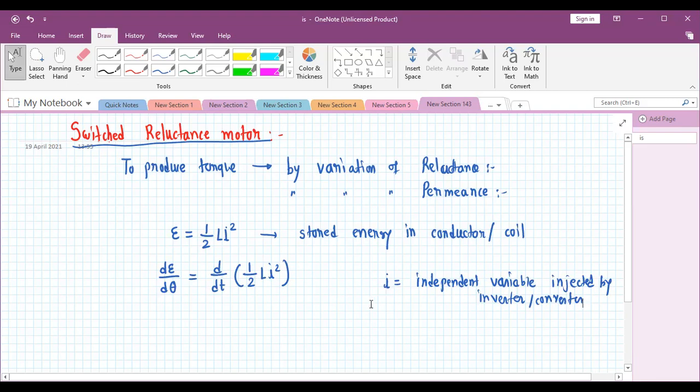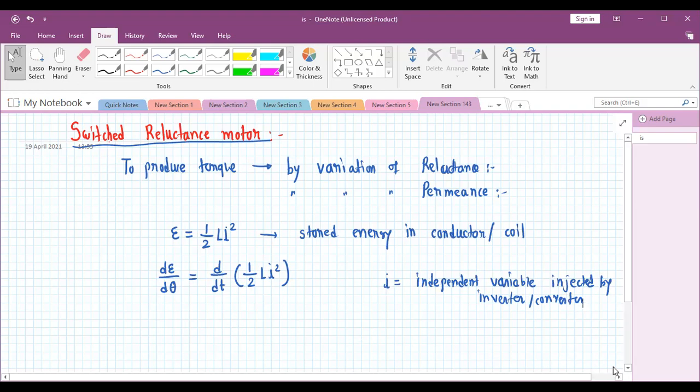So can I say that I depends upon theta? Does the current I depend upon theta? If we visualize the structure of the SRM, the amount of current depends upon theta. What does theta represent?